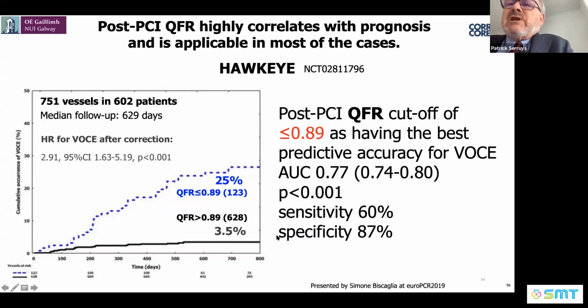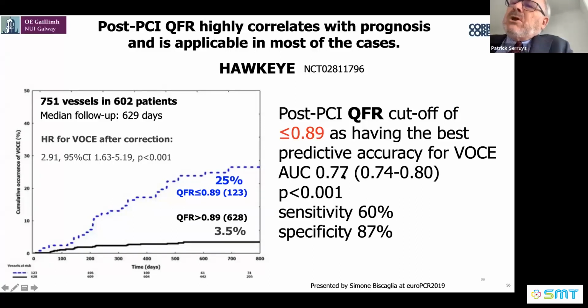That's the new concept of vessel-oriented composite endpoint, VOCE. Vice versa, if you have a QFR post-procedure which is above 0.89, and that was done in 628 patients, then your rate of events is extremely low, 3.5%.